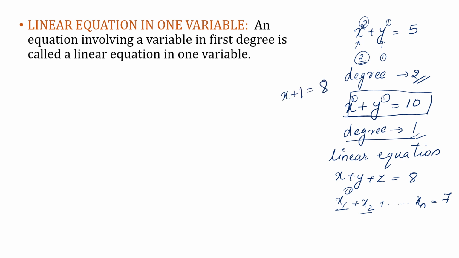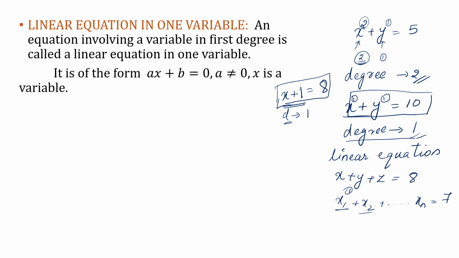On the left hand side only one variable, x, is there and the degree is also 1. So we call this a linear equation in one variable. If we are saying linear equation in one variable, then only one variable should be there.